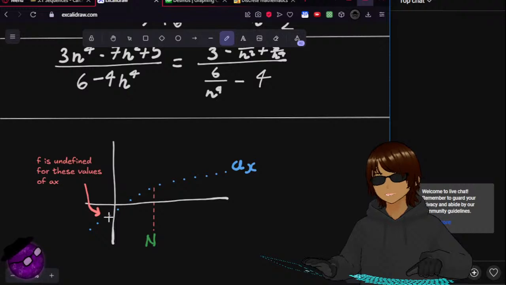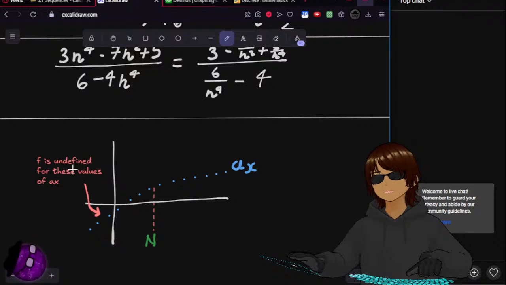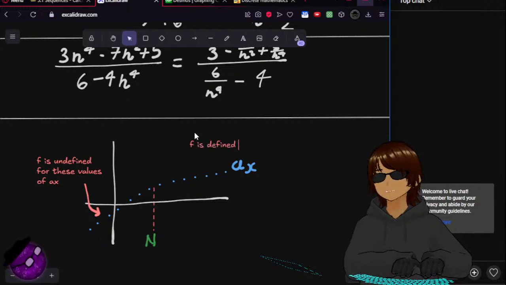So f of minus 2 is undefined, f of minus 1 is undefined, f of 0 is undefined, and so on. But f is defined for these values of x.